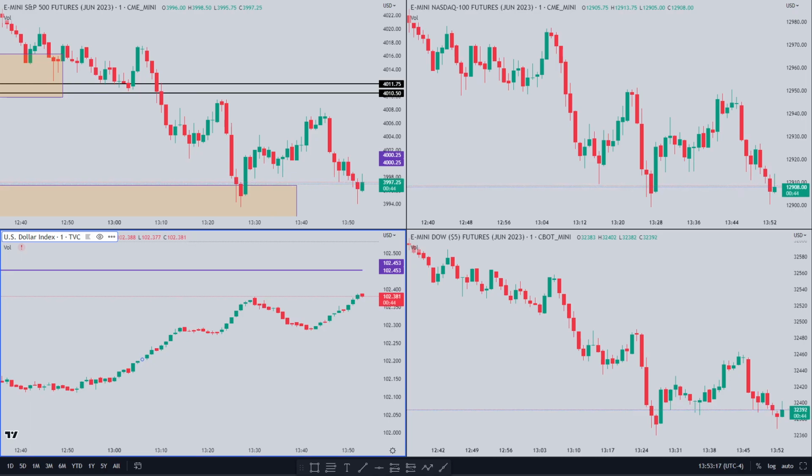All right, so let's go back up to the 3-minute. See how we have this really nice, easy to see SIBI here, whereas it's not so clean when we drop down to the 2-minute. I mean, it's there, I guess, but I like the way it looks on the 3-minute. And then we have a volume imbalance up here as well.